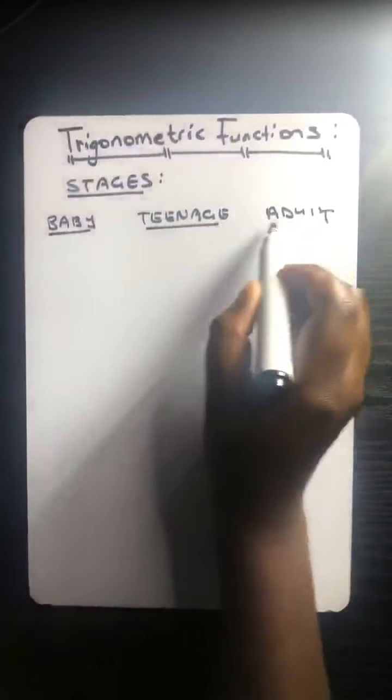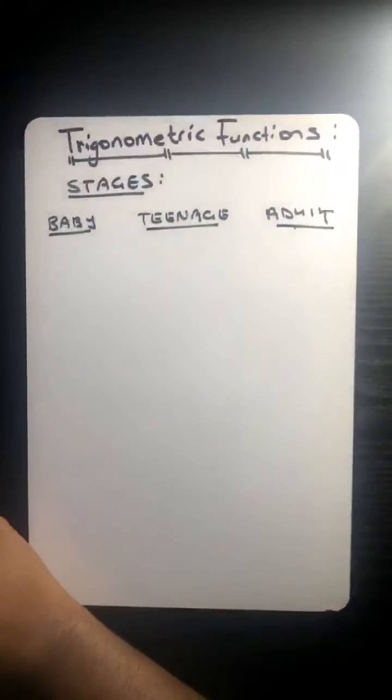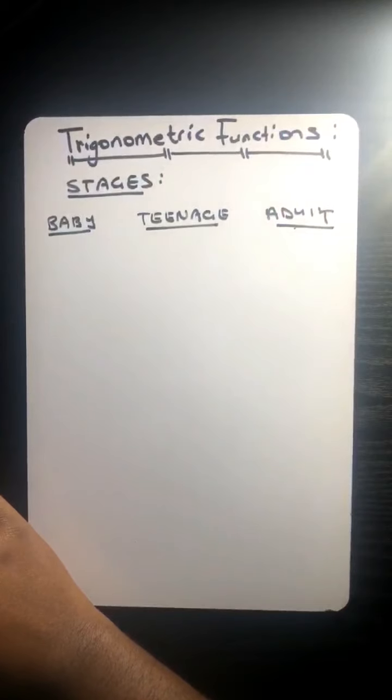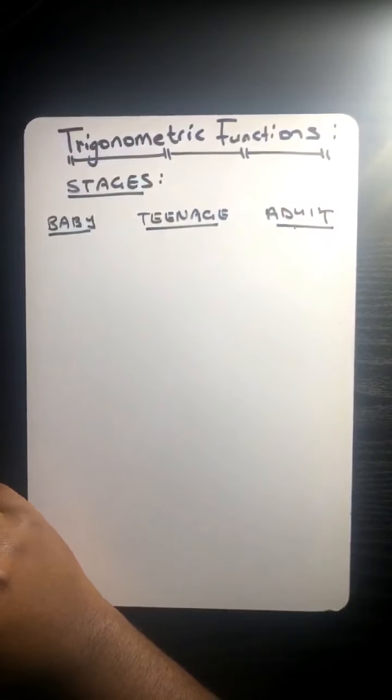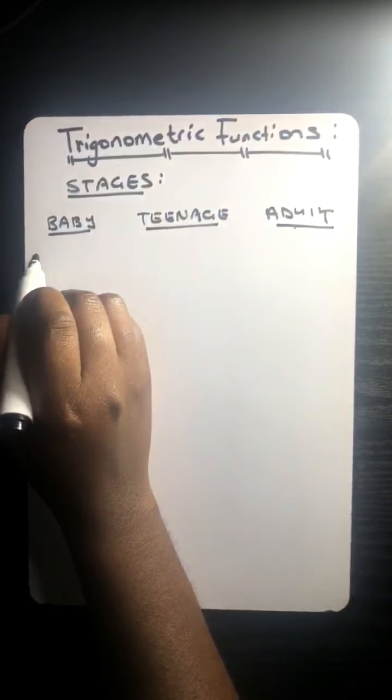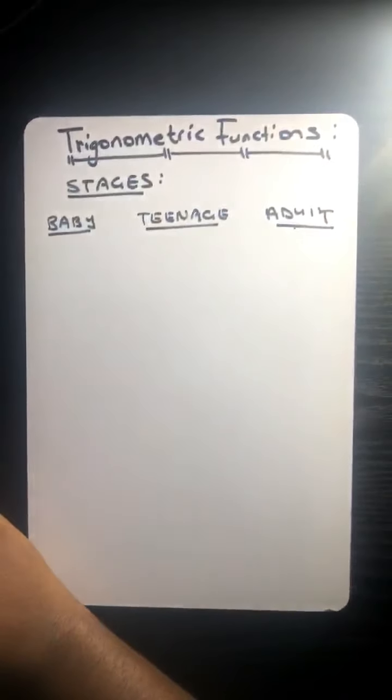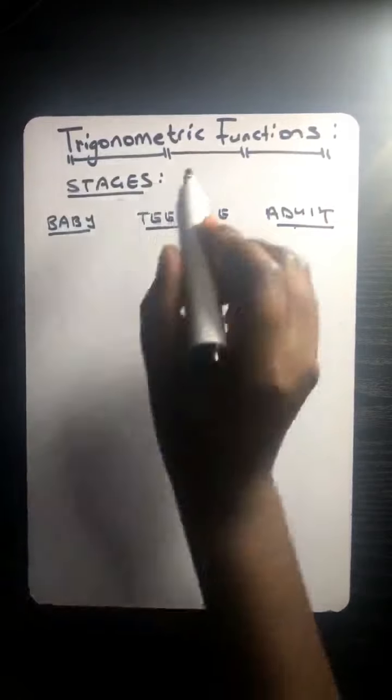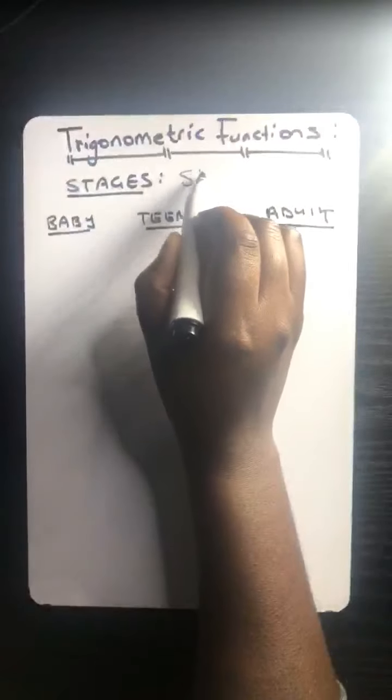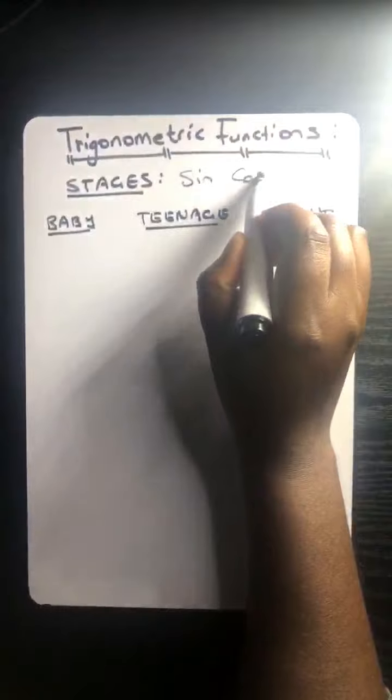I normally use these stages so that it's easy for you to remember. You know very well that we've got three trigonometric ratios: sine, cos, and tan.